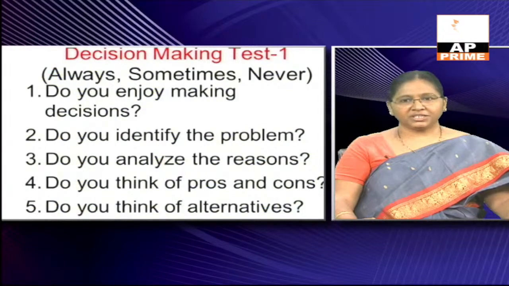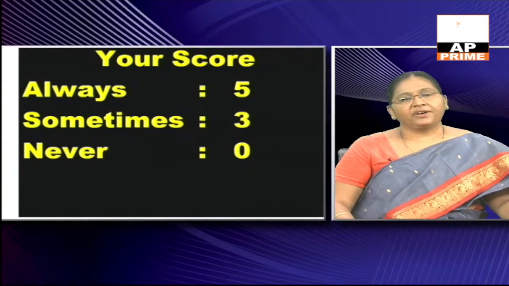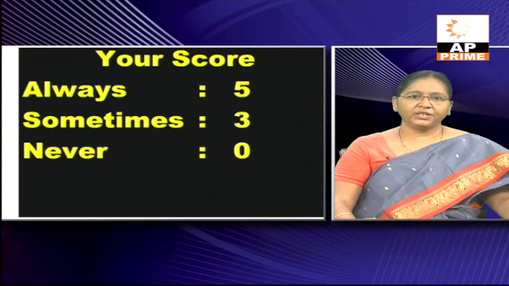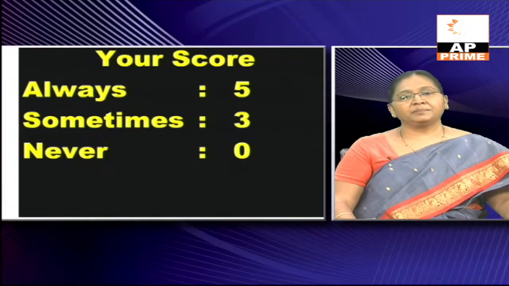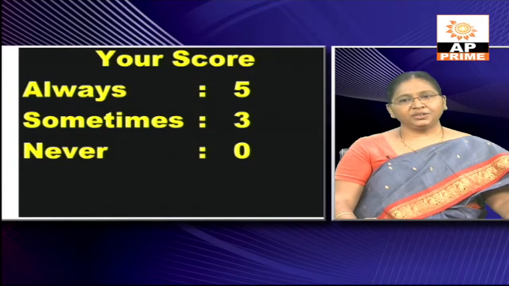Okay. Now shall I just show you the score? Right. People who have opted 5 for 5, if you have got the answer always, 5 into 5, 25 marks. You are the best decision makers. People who have written sometimes, for each sometimes it is 3 marks. 3 into 5, it is 15 marks.